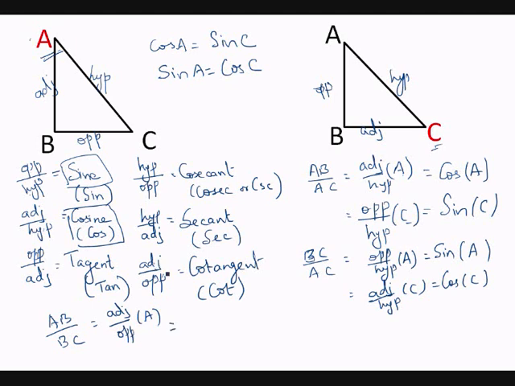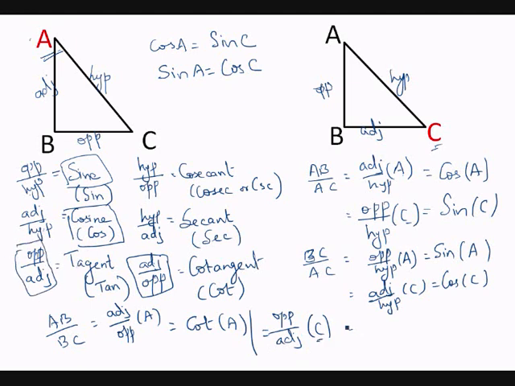Therefore, we have adjacent to opposite, which is cotangent, which in short we call cot, and the angle considered is A. The same thing is also written, in terms of angle C, as AB opposite and BC adjacent with respect to C. Therefore, opposite to adjacent, which is the tan. Therefore, opposite to adjacent of C is tan C. Therefore, AB over BC is the same as cot A and tan C. Hence, we can write that cot A is the same as tan C.